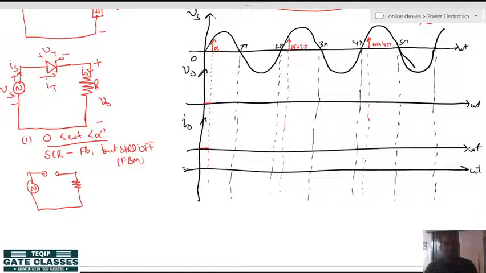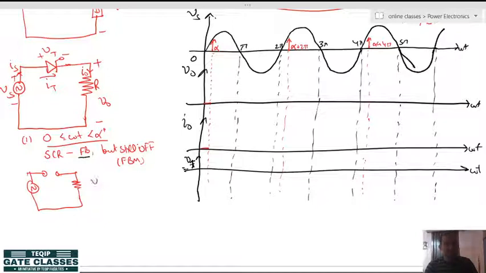Here you see the thyristor is forward biased, not reverse biased. So the forward voltage appearing across the thyristor will appear here. You can write the circuit equations also, as in the steps we have studied.